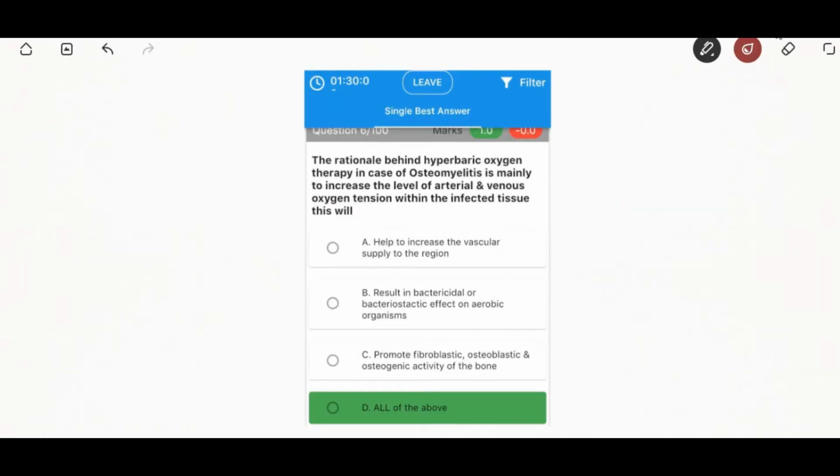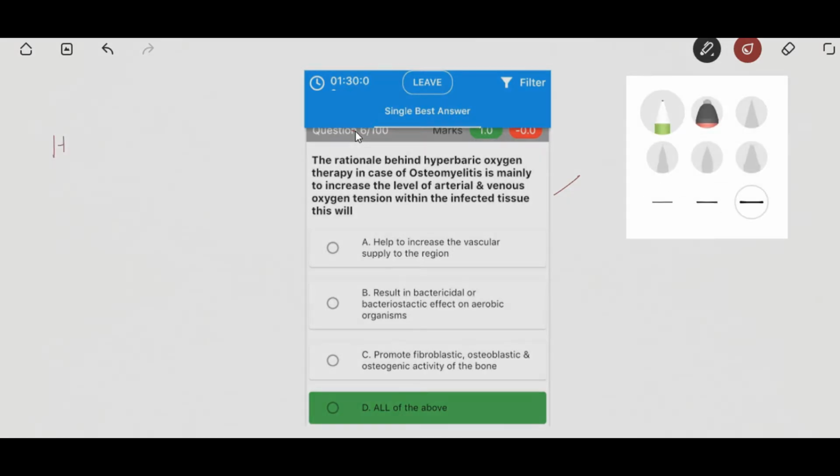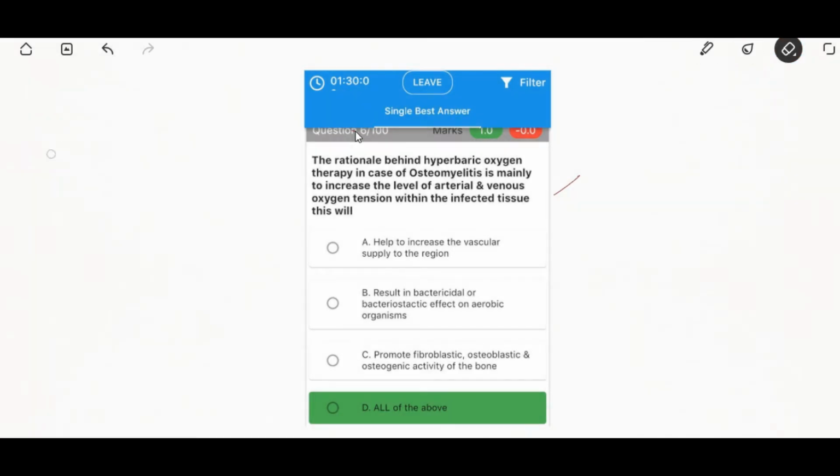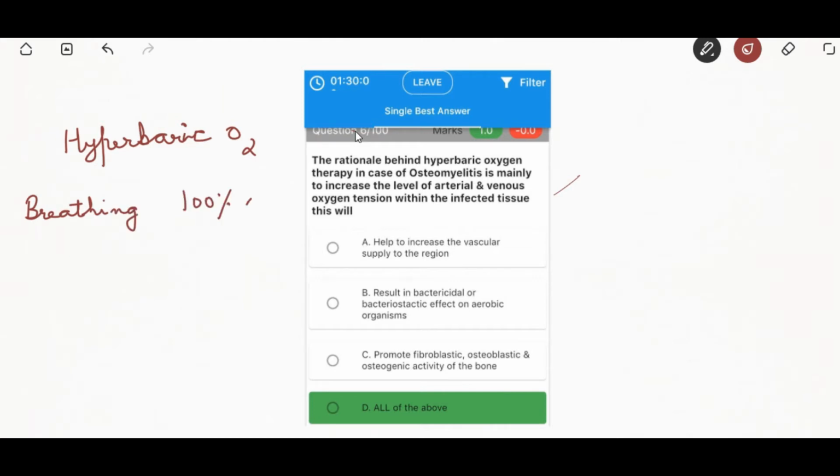Here is a question. The rationale behind hyperbaric oxygen therapy in case of osteomyelitis is mainly to increase the level of arterial and venous oxygen tension within the infected tissue. This is the line of the question. First of all, you should know what hyperbaric oxygen therapy is. It is a treatment procedure that involves breathing 100% oxygen for a certain time and under a certain pressure.